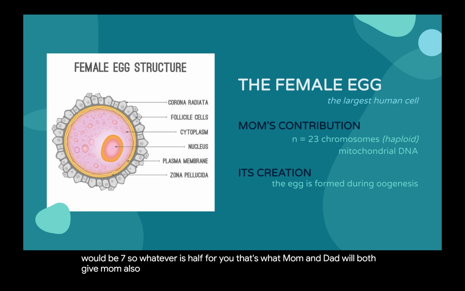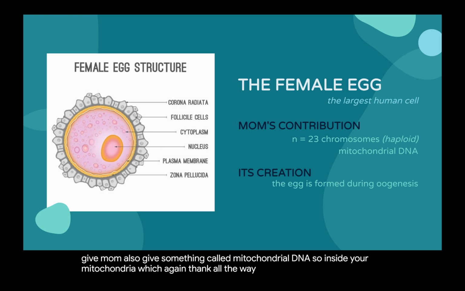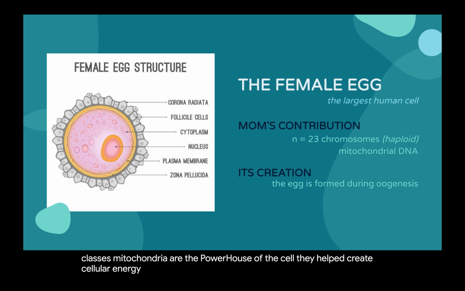Mom also gives something called mitochondrial DNA. So inside your mitochondria, which again, think all the way back to your early science classes, mitochondria are the powerhouse of the cell. They help to create cellular energy in the form of ATP, and they're very important, but inside of them they have their own little source of genetic information.